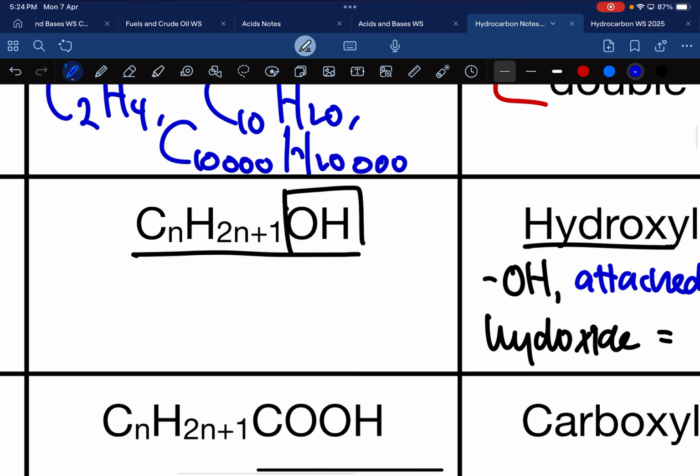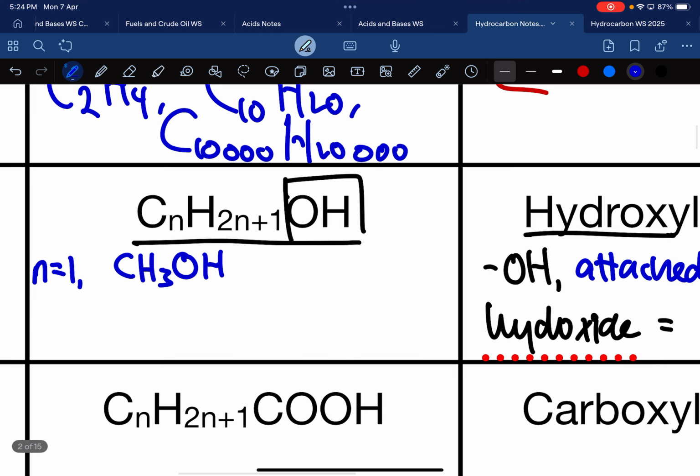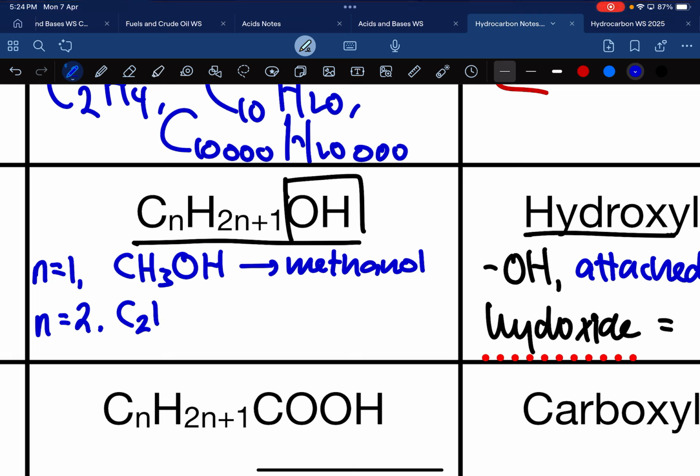Example again. If let's say my n is 1, what will be my formula? CH3OH, exactly. This is methanol. Next one, have we seen this compound before?